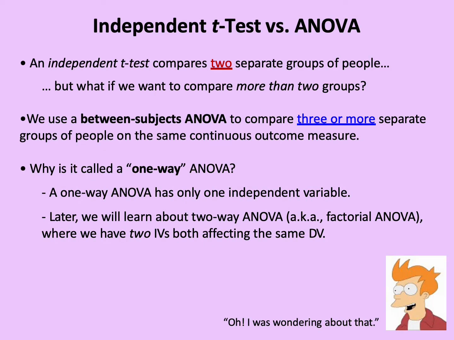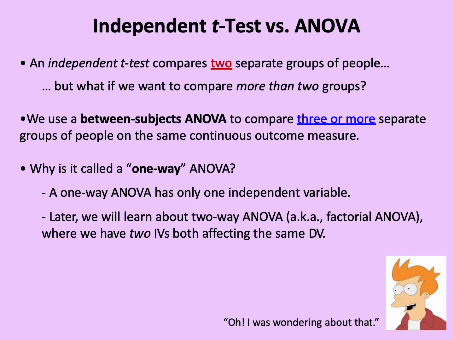The inferential statistical test that most of you are probably already familiar with is the independent t-test. The independent t-test has a lot in common with the between subjects ANOVA. For example, we would conduct both an independent t-test or an ANOVA when we have a dependent variable that is continuous or quantitative.